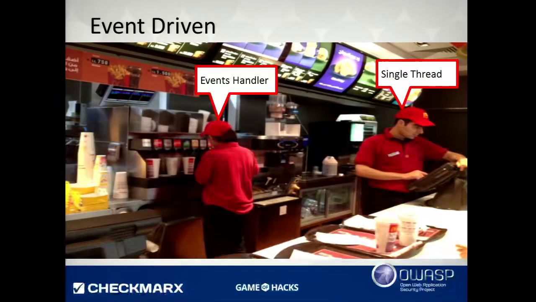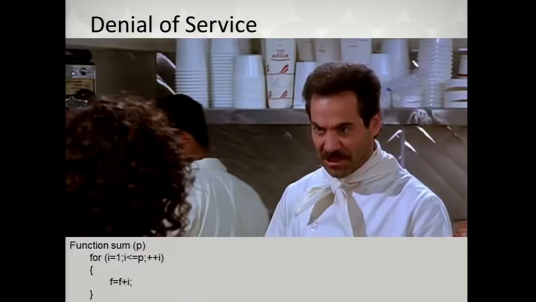And that's actually the first thing you need to remember about Node.js: do not put anything CPU-intensive in there, because a simple attack can turn into denial of service. I'm going to show you a little demo. It's pretty quick. Something that calculates the sum of all integers from 1 to p typically runs really fast.